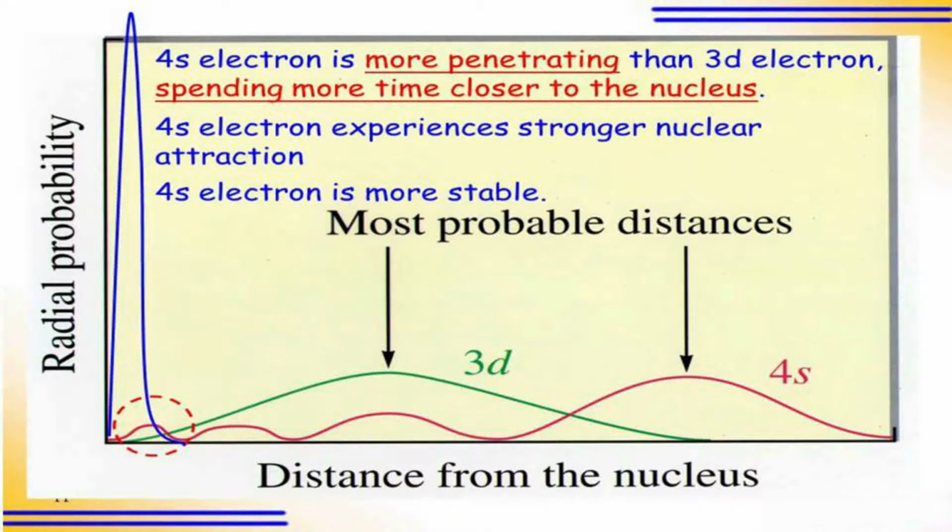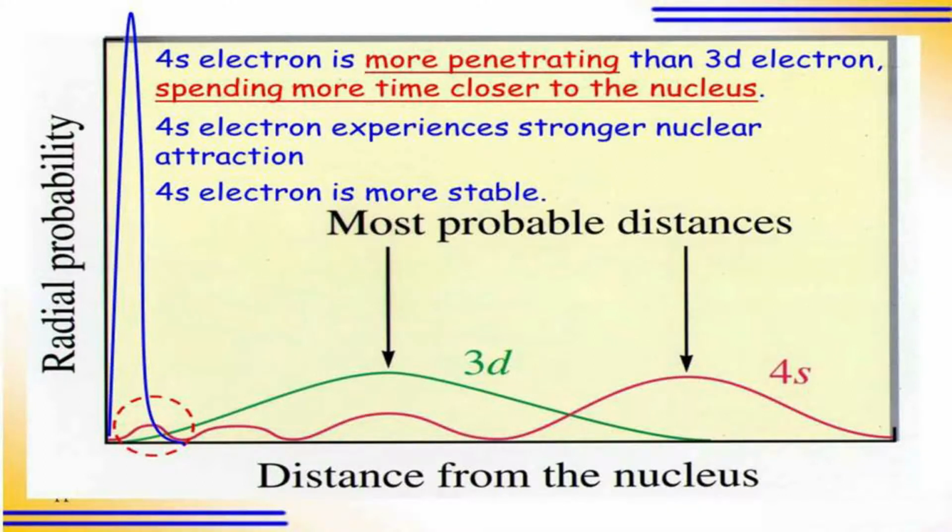Now our main point is understanding the 3d and 4s orbitals. From this diagram, what do you find, which orbital has more spread, which is away from the nucleus? Yes, the 4s orbital has more spread compared to 3d.